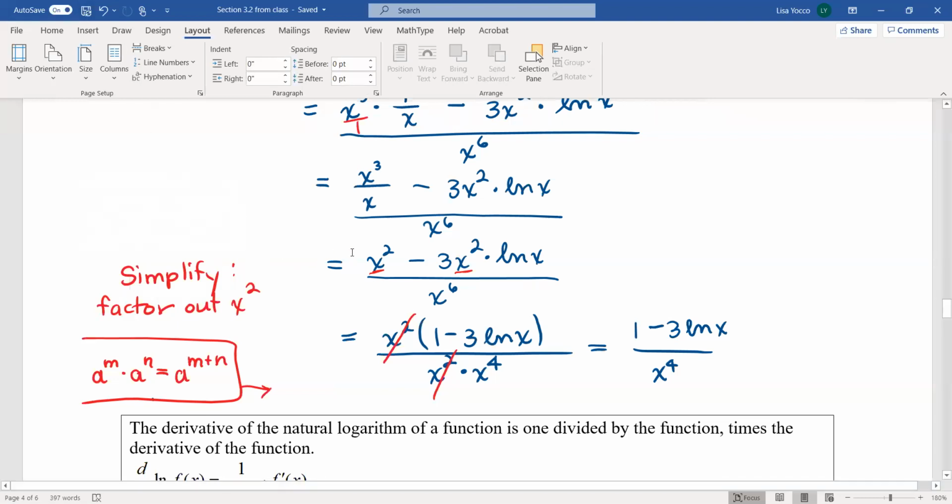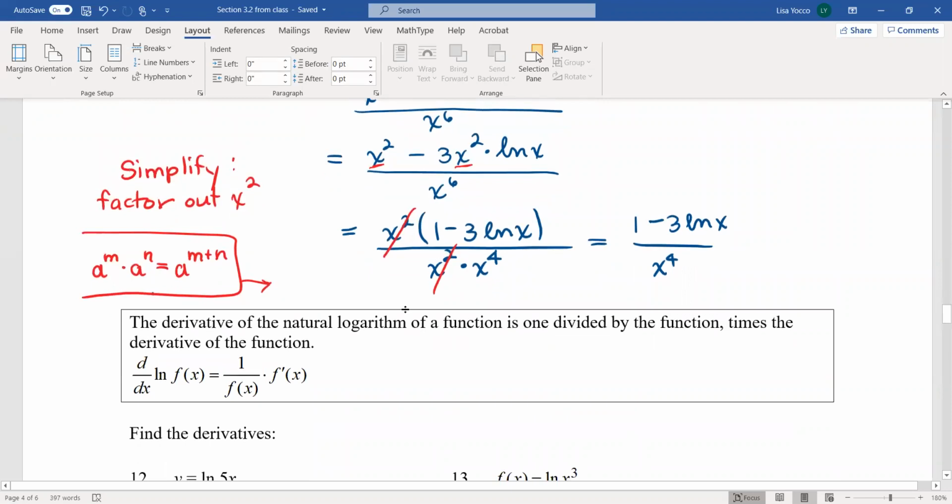All right. Now we have the non-simple case. And that is where you're finding the derivative of the natural log of some function that's something other than just a single variable x.